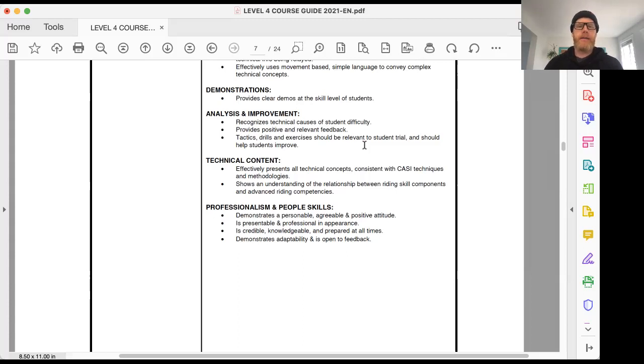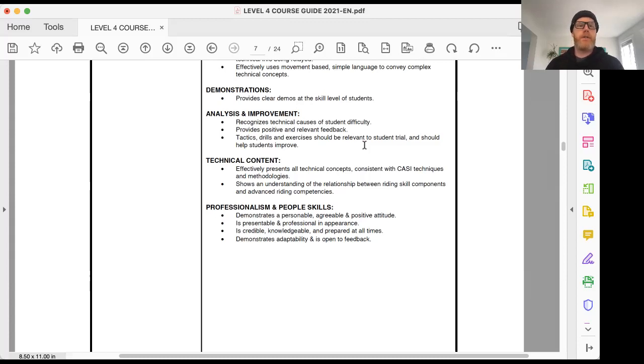And then the next part, technical content, effectively presents all technical concepts consistent with CASI techniques and methodologies. For me, it's the second part there: consistent with CASI techniques and methodologies.